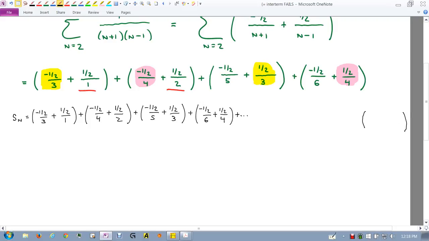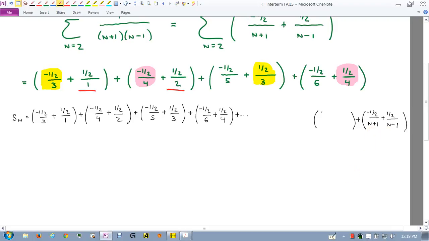What would my last one look like? I'm plugging what into this? N. So it's negative 1/2 over n plus 1, and then plus 1/2 over n minus 1. The one right in front of that one, I'm just basically going to subtract 1 from each of these, right? Subtract 1.